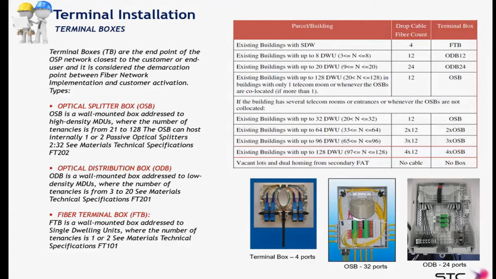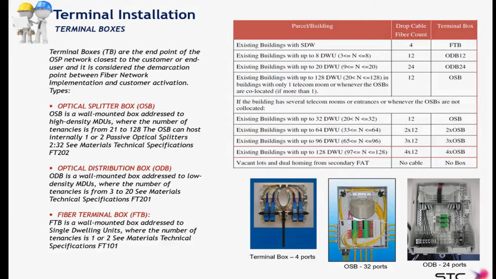For example, an existing building with between 3 and 8 dwelling units makes use of a 12 fiber cable and an ODB 12. If the number of dwelling units is between 9 and 20, the cable that we use is a 24 fiber drop cable and the ODB is an ODB 24.